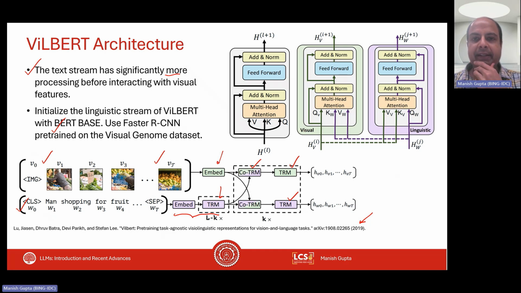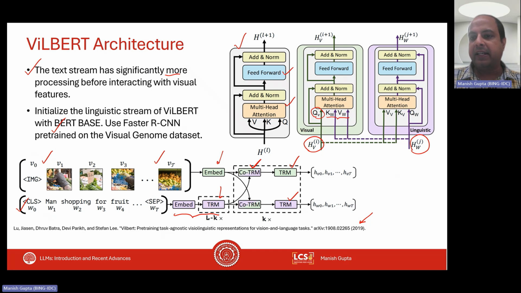Okay. So now how is this co-attention? How do these co-transformer layers work? So the standard transformer layer has the typical standard self-attention and feed forward, with the query, keys and values coming from a single stream. But in Wilbert, you have two different streams: the visual stream and the linguistic stream. And what you do for transferring information across the two is to use the query of the same modality, but the keys and the values coming from the other modality, from the linguistic stream in this particular example.